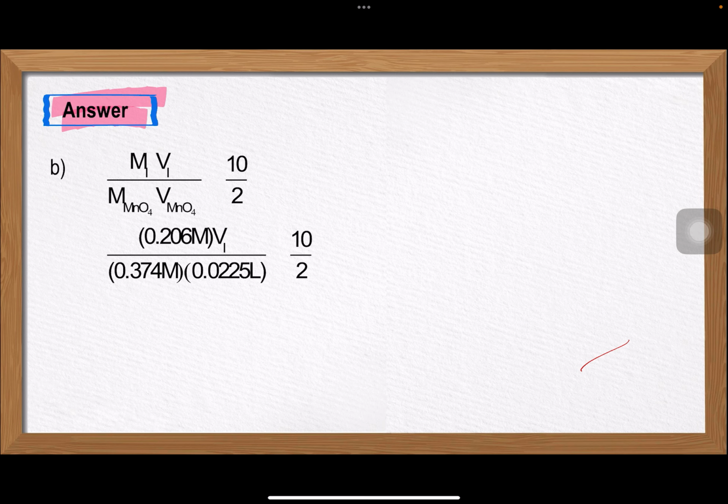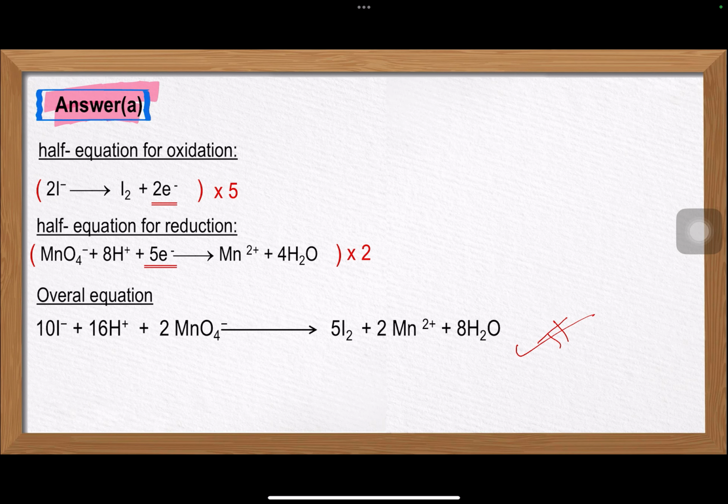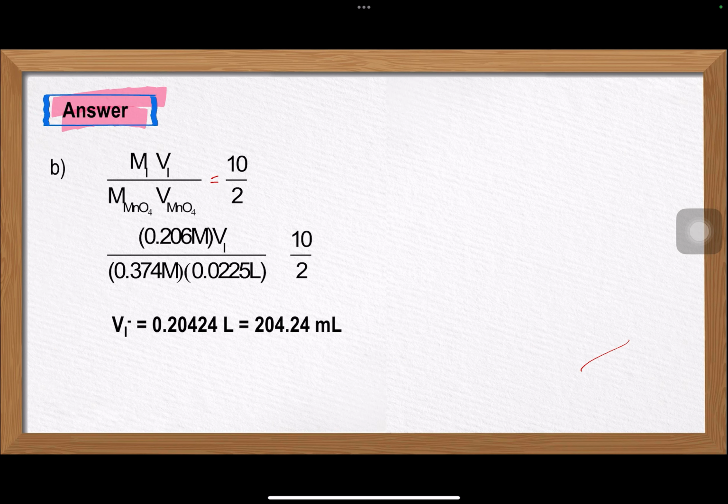So the equation should be like this: M1V1 equals M2V2 times 10/2. We can get from the equation here 10/2: 10 for iodine, 2 for Mn. So put it here, iodine and Mn. You want to know the volume of iodine needed, so molarity iodine and volume iodine over molarity MnO4 and volume MnO4.